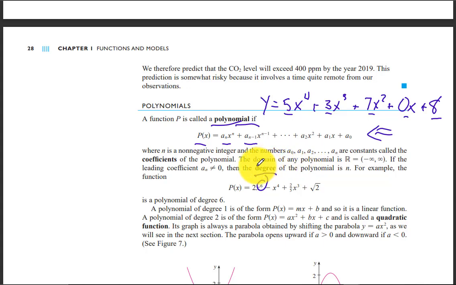And they also mention here that the domain of a polynomial is going to be the entire real number line. There's no problems with polynomials. We know that if we have something like this, we have a problem when x equals 0. We can't have x equals 0. But for polynomials, we don't have any such problem. So they mention that here.